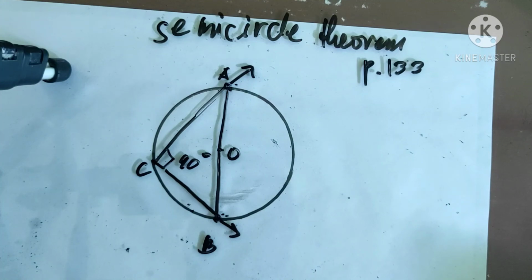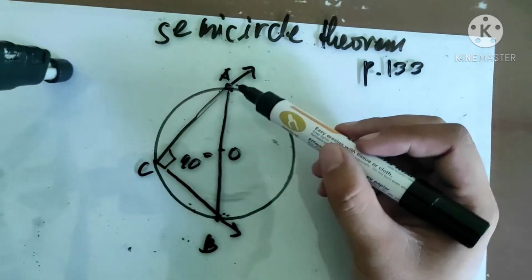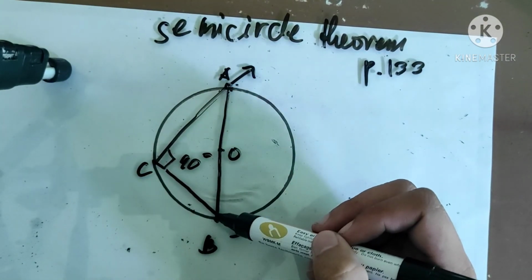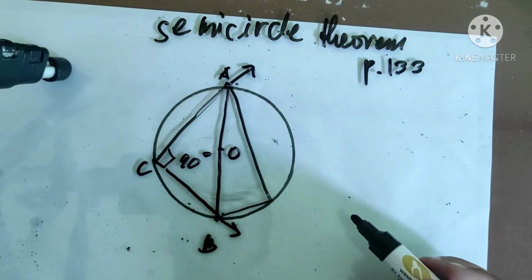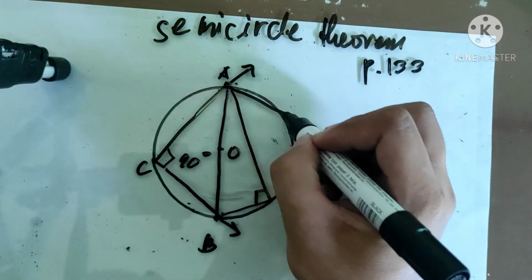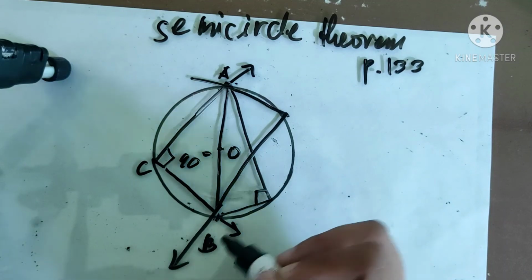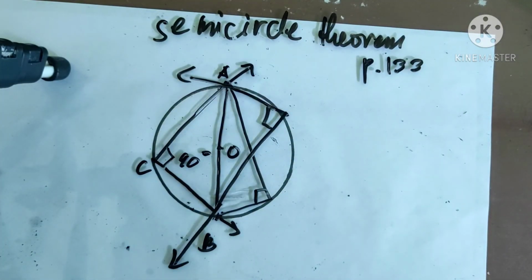So, any point, as long as yung dalawang mong rays is nasa endpoint ng ating diameter. For example, ito. Okay, pag ganyan, that is also 90 degrees. Pag ganyan. Okay. That is also 90 degrees.